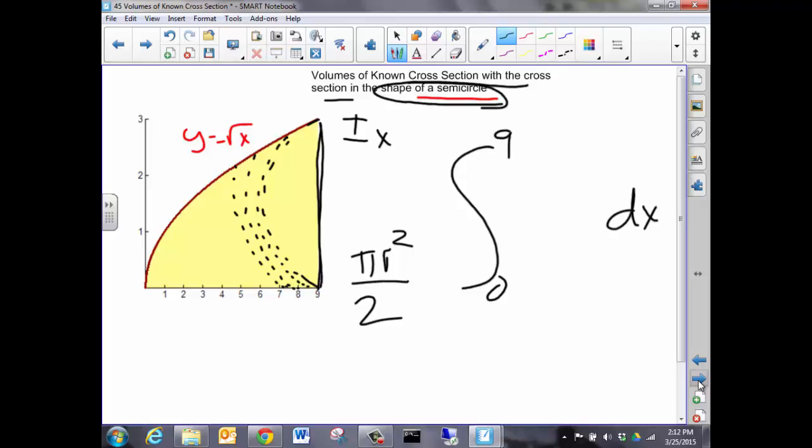This line that I just drew is our diameter, isn't it? And the diameter is the square root of x. The radius is half of that, isn't it? So what is our formula then? We've got pi over 2 times the square root of x over 2 quantity squared.